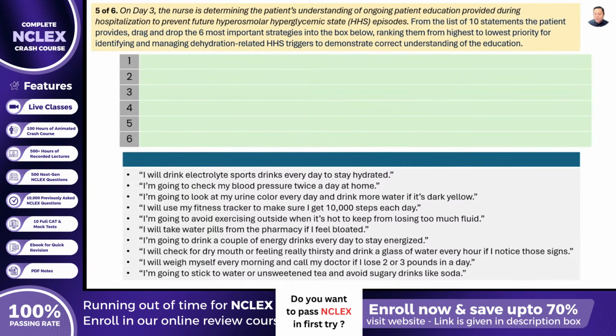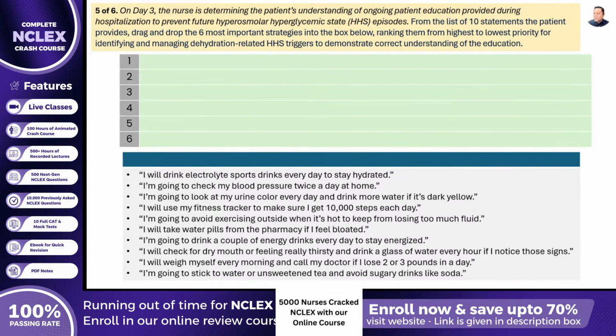I will check for dry mouth or feeling really thirsty and drink a glass of water every hour if I notice those signs. And I will weigh myself every morning and call my doctor if I lose 2 or 3 pounds in a day. And I'm going to stick to water or unsweetened tea and avoid sugary drinks like soda. So use your clinical judgment here.